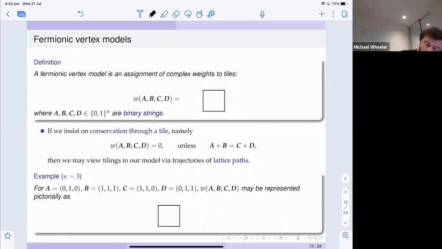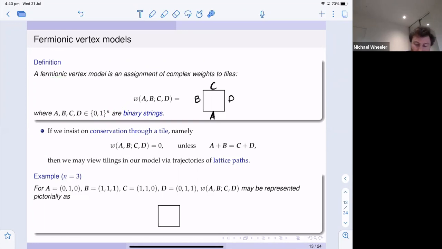So a tile will basically be something like this. I have 4 states that live around the edges of the tile, A, B, C, and D. And here the important thing is that A, B, C, and D are binary strings of length n, and this n is the n that has been floating around in the rest of the talk. The fact that these things are binary strings, zeros and ones, is really what makes this fermionic.